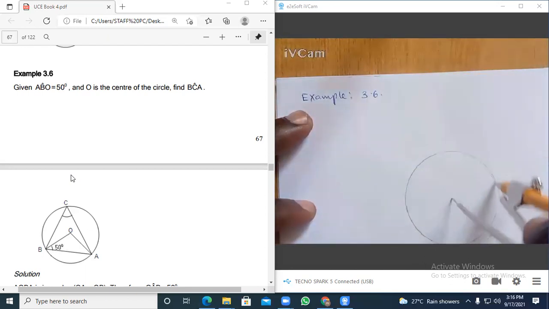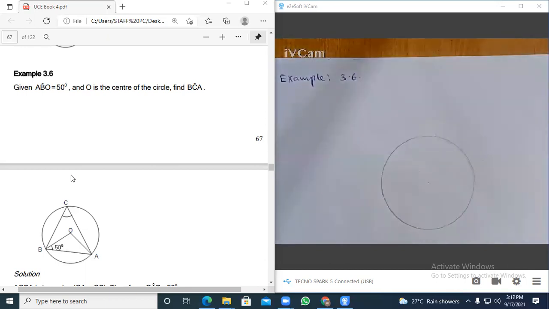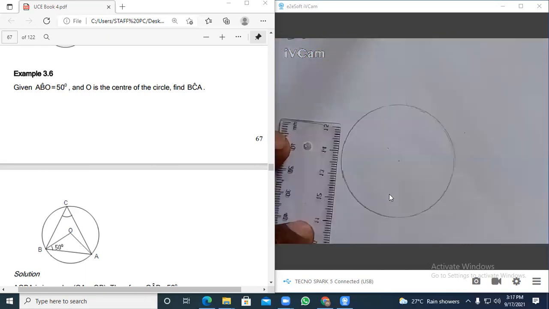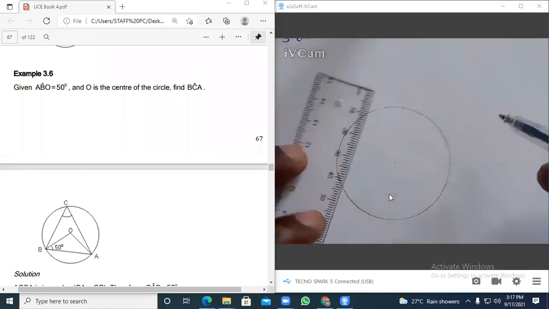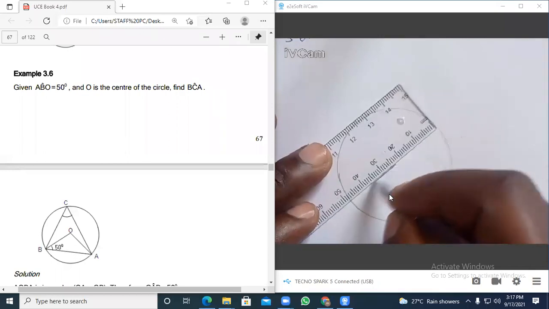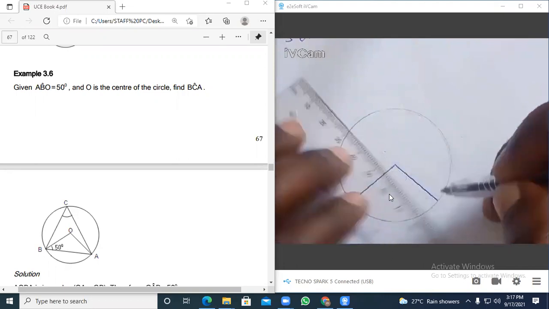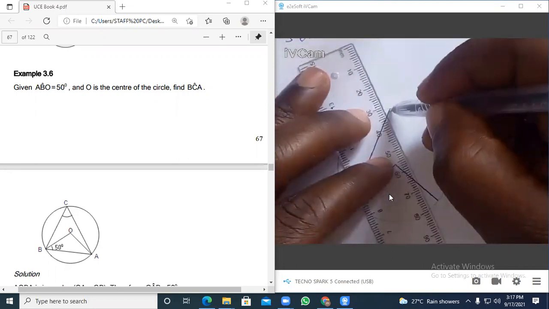You can use a protractor and then a compass and draw a circle, and then you measure out all those properties. You prove them one by one. As you are watching TV, you can do that in your free time and see. So we have the first one. I'll first draw this and draw this and draw this and draw that.